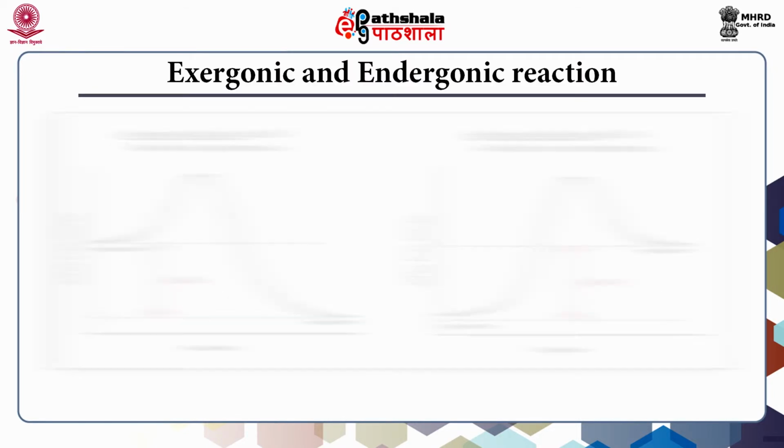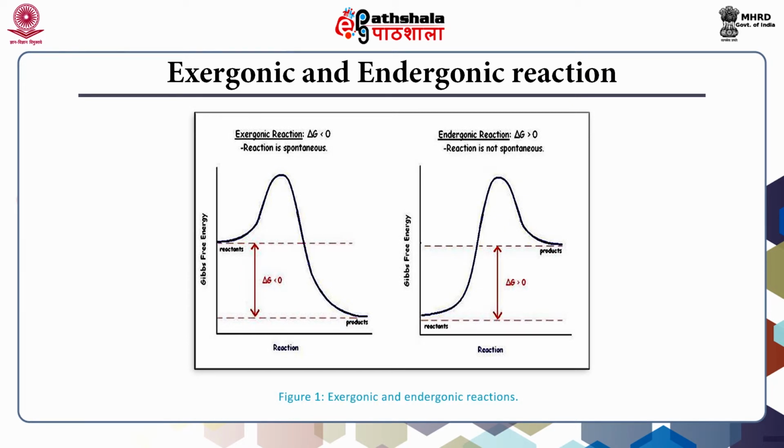In this slide, we see a graphical representation of exergonic and endergonic reactions which we just studied. In the exergonic reaction, the delta G is less than 0, the reaction is spontaneous. In the graph, we see that the energy of the products is less than the energy of the reactants and the reaction can proceed easily.